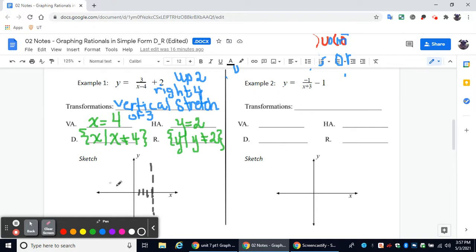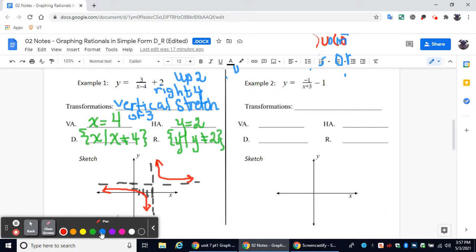Our horizontal asymptote moved up 2. And then our branches are in the first and third quadrant. And hopefully you're seeing that the vertical asymptote and the domain are going to be the same numbers. Horizontal asymptote and the range are always going to be the same numbers.